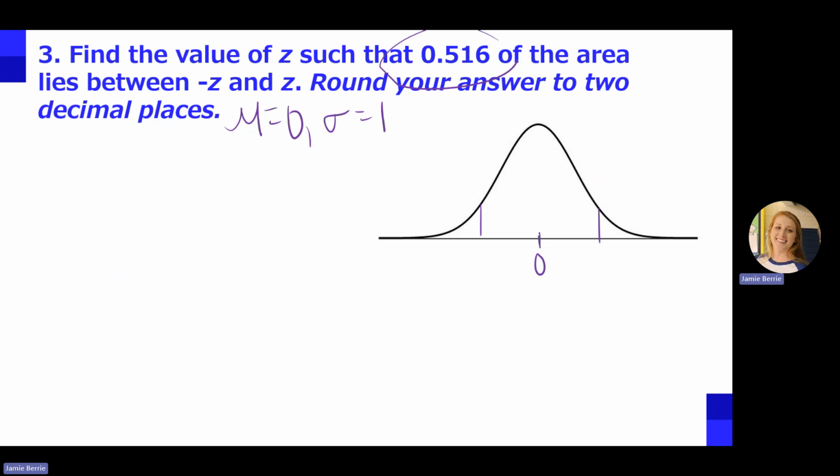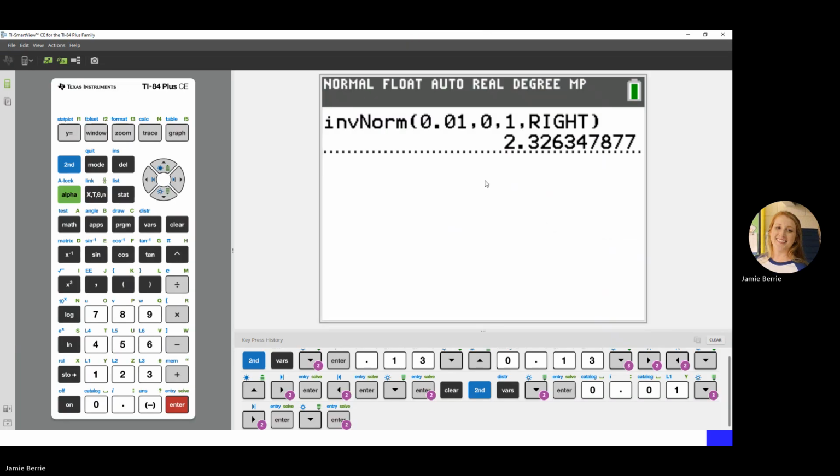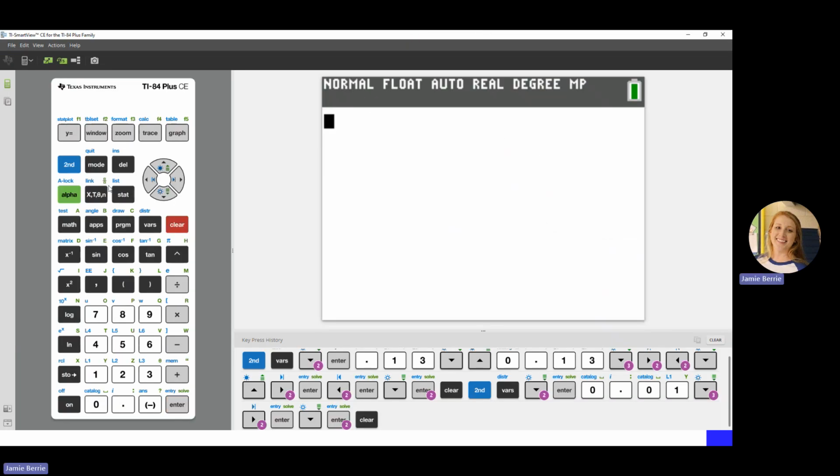And it says it's in between these two values, negative z and z, and this shaded area is 0.516.